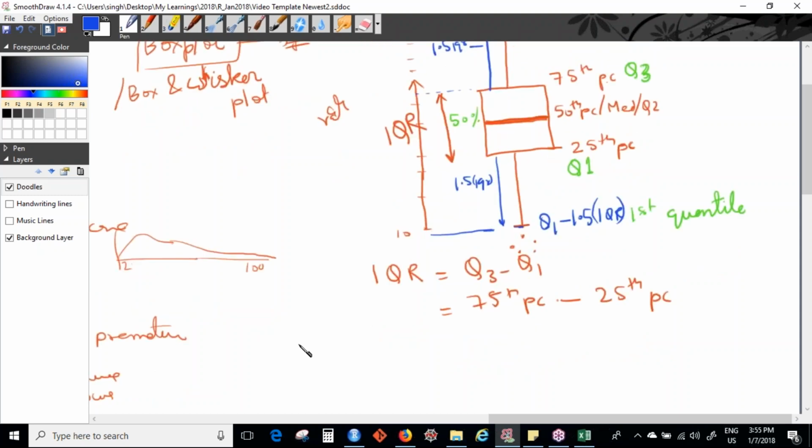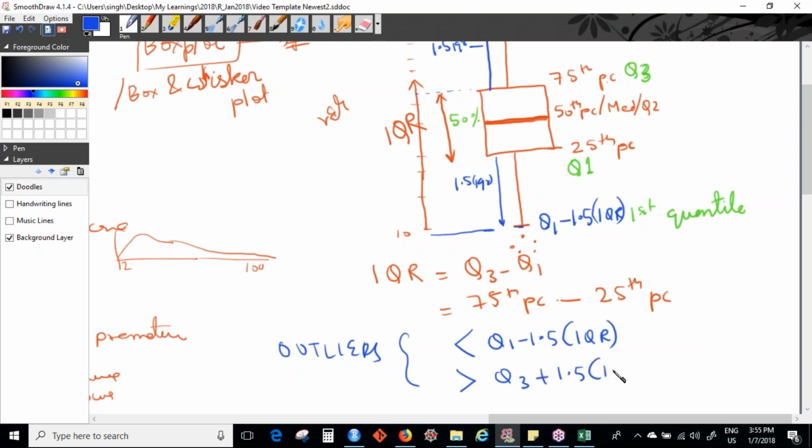So if I have to write this down, outlier means anything which is below Q1 minus 1.5 IQR, or anything which is above Q3 plus 1.5 times IQR. That is your outliers. So now you have a fixed definition of outliers, and that confusion won't be there.